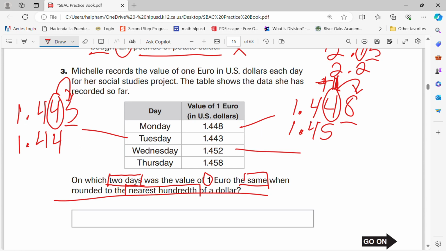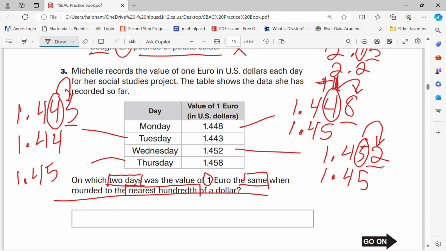For Wednesday, I have 1 and 452 thousandths. Rounded to the nearest hundredths place, circle the 5. Underline the neighbor. The neighbor is a baby, so this number will rest at 1.45. And last, on Thursday, we have 1.458.